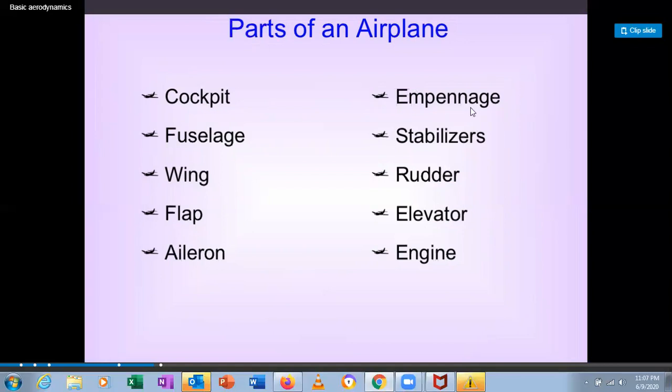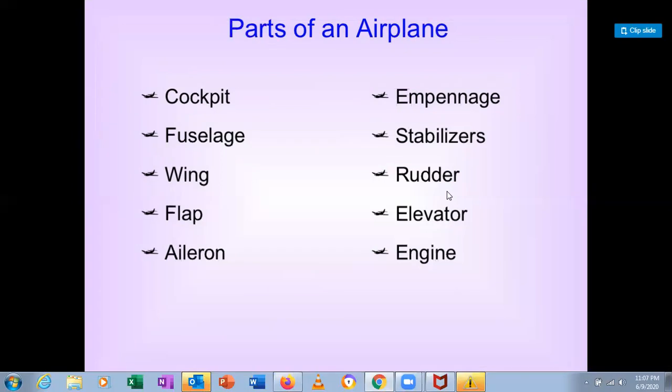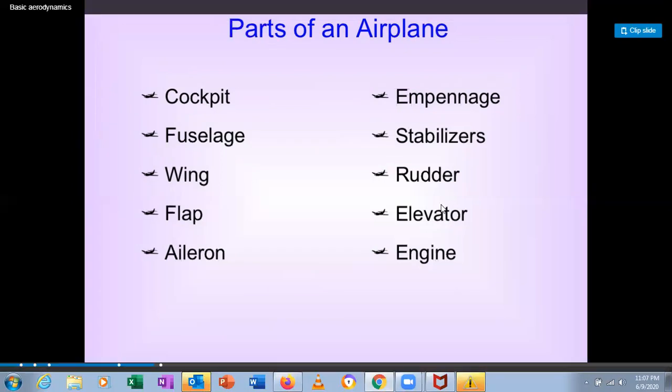We have a horizontal stabilizer as well as a vertical stabilizer. The rudder, on the vertical stabilizer, helps in the yawing movement of the aircraft, the right-left nose movement. And the elevator is pitch up and pitch down. The engine gives the thrust power, propulsive power to the aircraft. Correct? These are the parts of an airplane.